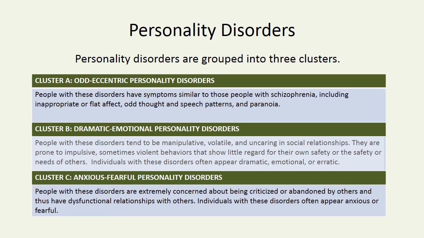They're prone to impulsive, sometimes violent behaviors that show little regard for their own safety or the safety or needs of others. Individuals with these disorders often appear dramatic, emotional, or erratic. Cluster C, people with these disorders are extremely concerned about being criticized or abandoned by others and thus have dysfunctional relationships with others. Individuals with these disorders often appear anxious or fearful.